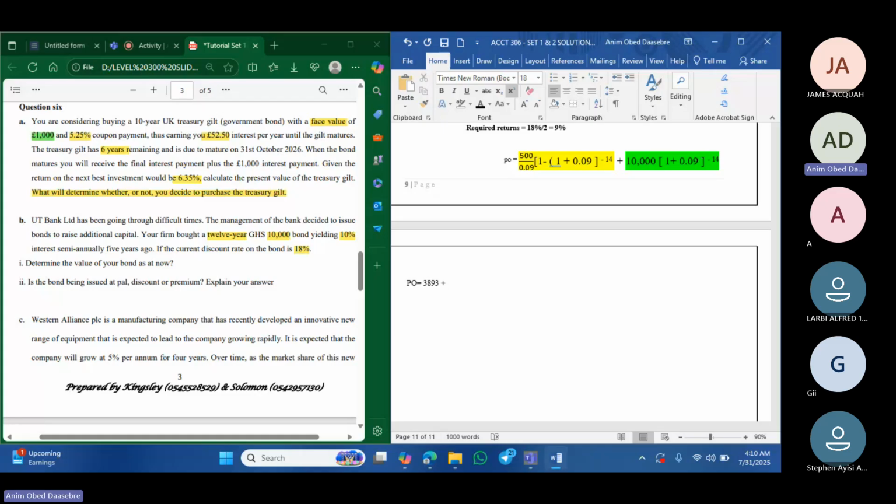And the green one, $2,992. So in all, we are getting 6,885.